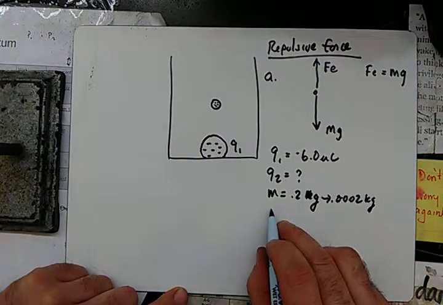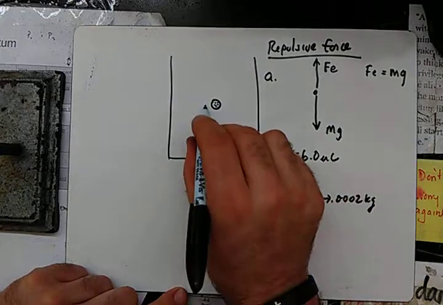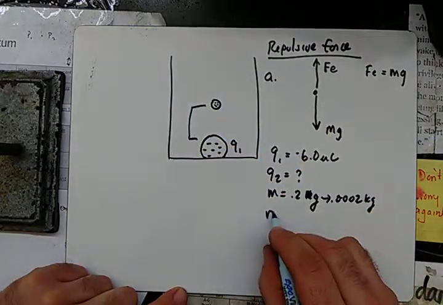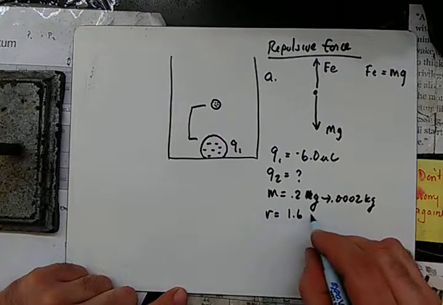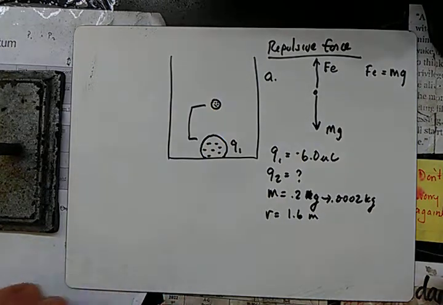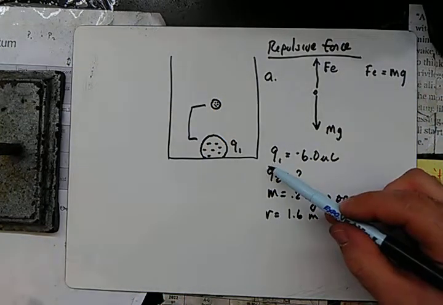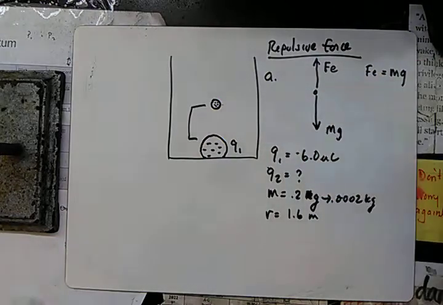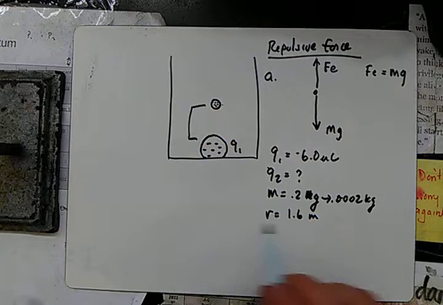Let's also say that the distance here, the radius, is 1.6 meters. So my question to you would be, can you find the charge on this little sphere to cause it to float? Yeah, sure you can.